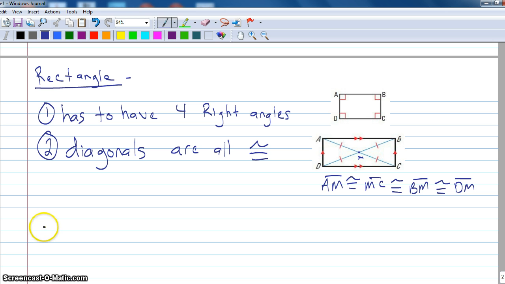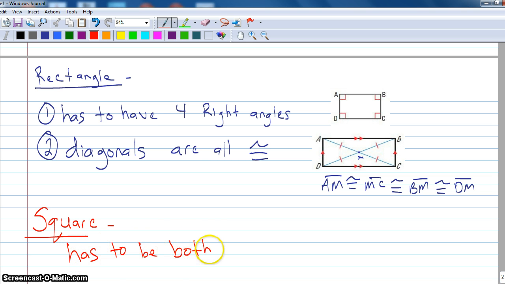And then the next shape is a square. That one's special. A square has to be both a rhombus and a rectangle.